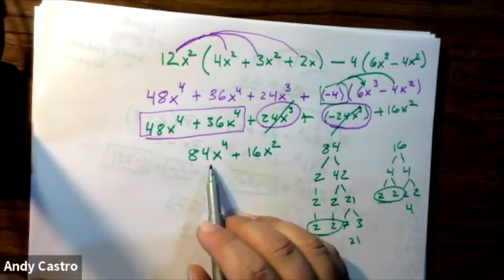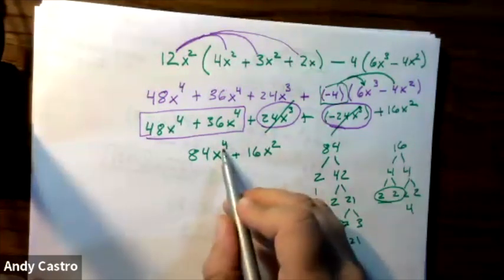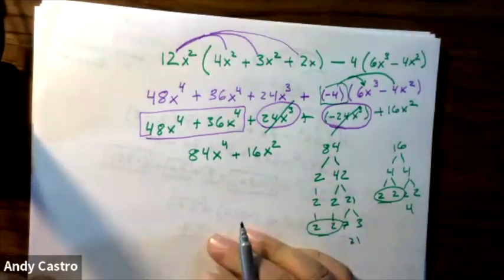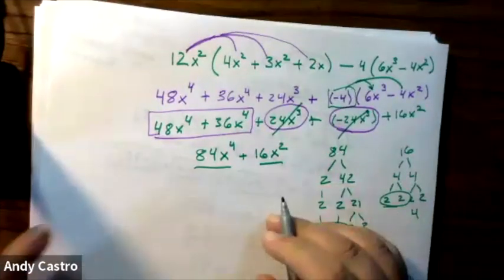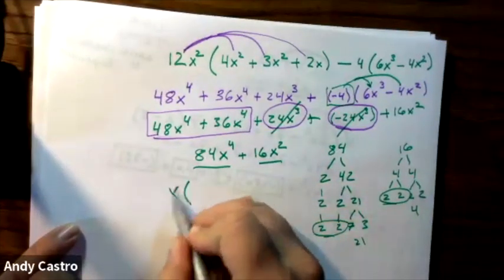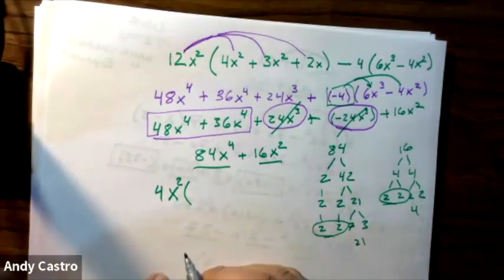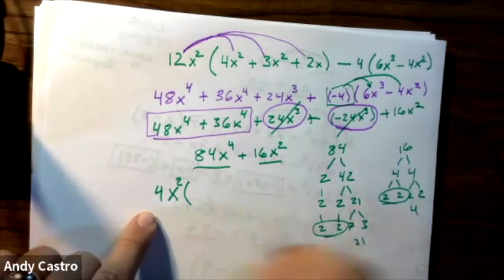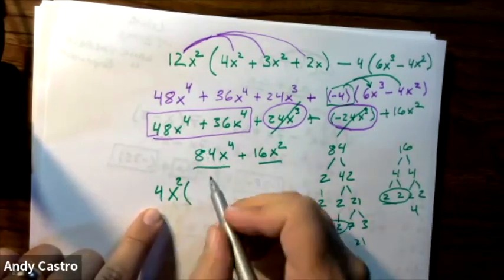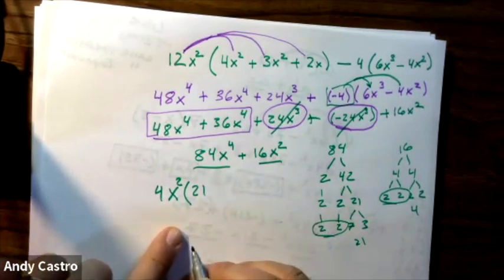All right, I've also got 4 x's here and 2 x's here, so I can pull 2 x's out of these two terms. So I'll pull out 2 x's, or an x squared, and I'll pull out my 2 2's, which is a 4. 2 times 2, 2 times 2. If I pull a 4 out of 84, I'm left with 21.